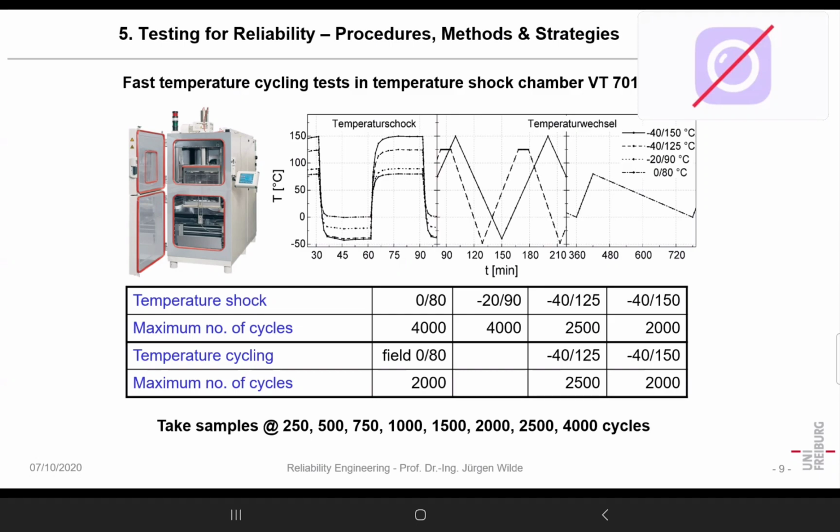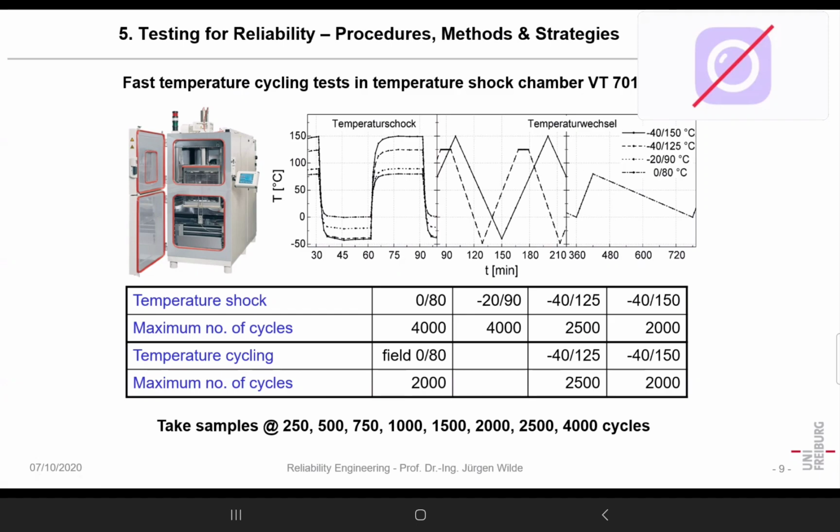So that's the reason why we have different rates of temperature change. Here we had a cycle in one of our projects that was really a slow cycle, which would somehow simulate the operation of a car. The car is increasing in temperature.